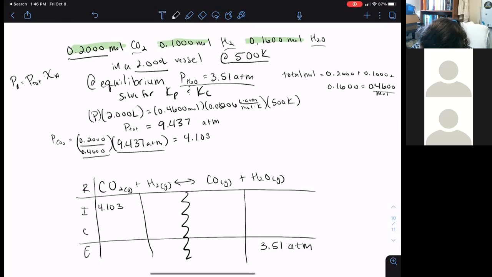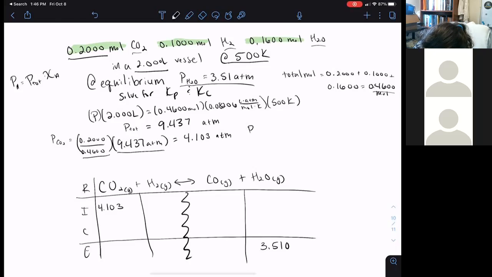And I'm actually going to leave all this unitless, although we do know that this is atmospheres. It just makes it a little bit easier. I'm actually going to put a 0 right there.